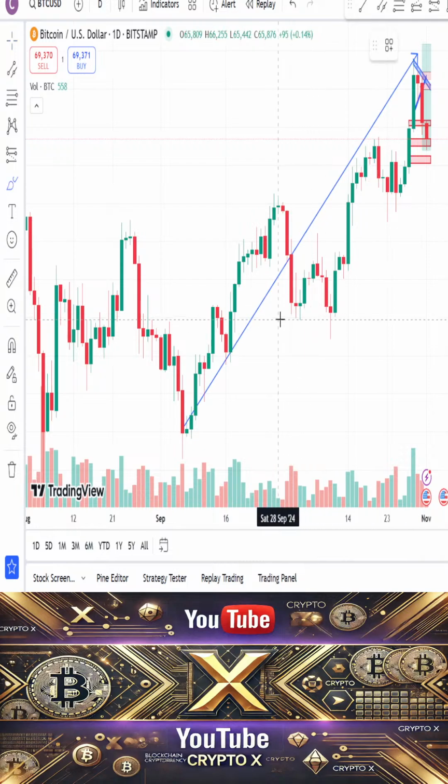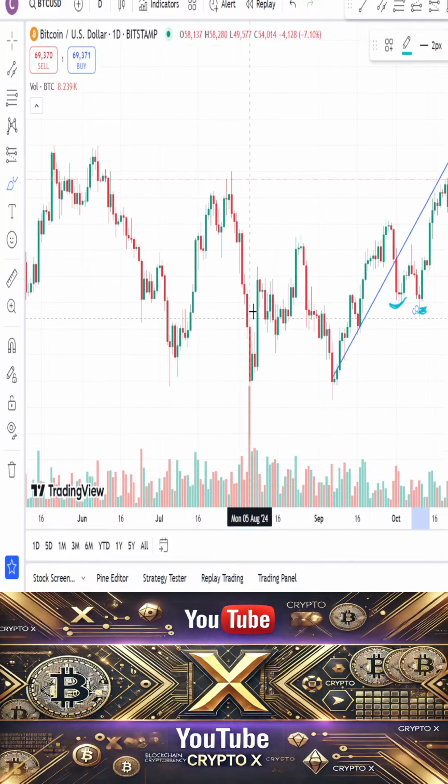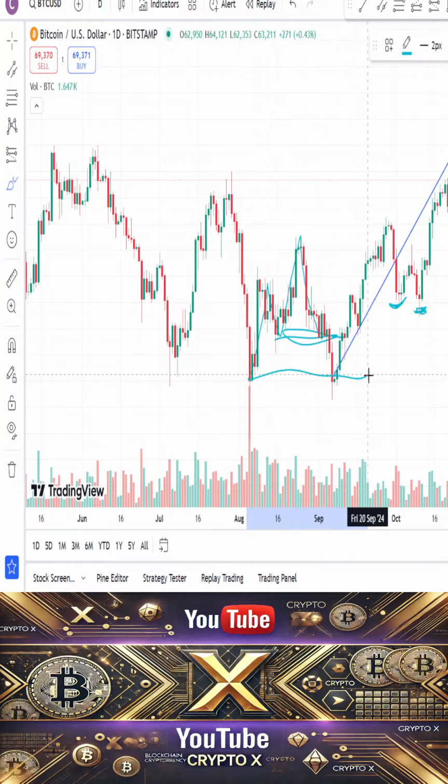A W pattern, you can see it. Okay, so head and shoulders from here. So your trade will be starting from here till here. Just a second.